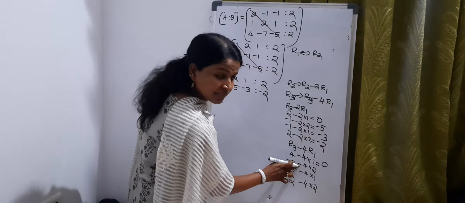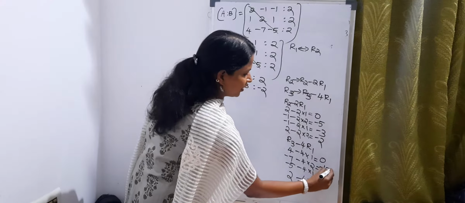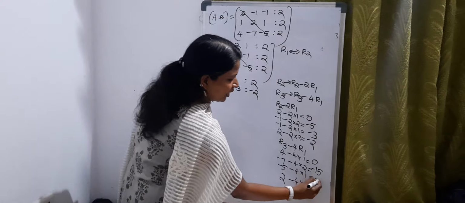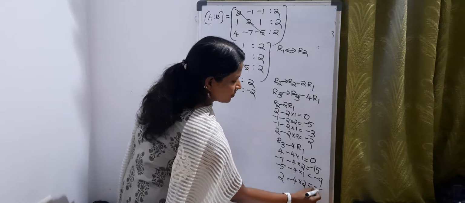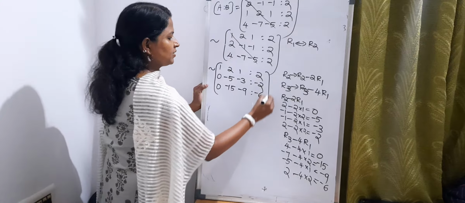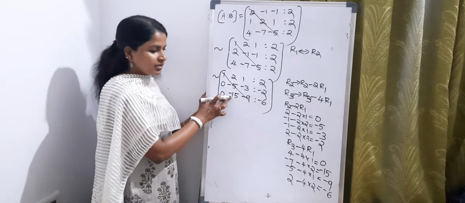Minus 7 minus 4 into 2, 8, that is minus 15. Then minus 5 minus 4 is minus 9. Then 2 minus 4 into 2, 8, is minus 6. That is 0, minus 15, minus 9, minus 6.